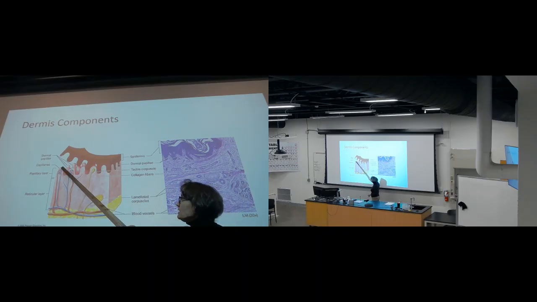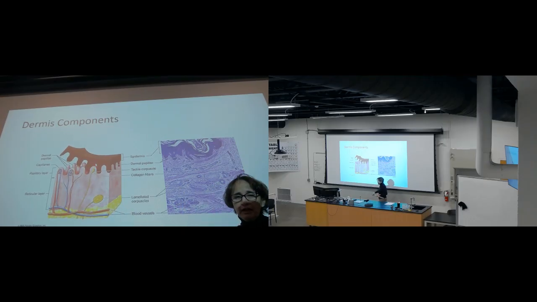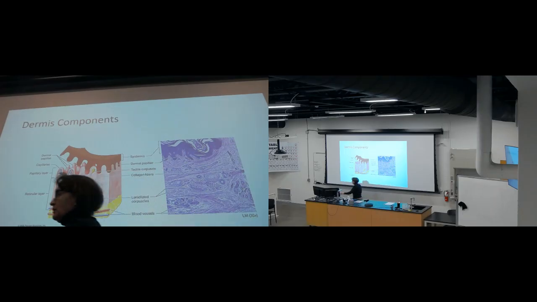So correspondingly to these papillae, we have in the epidermis these extensions that are called rete ridges. They are not labeled in there, and that's not the only structure that we have in the dermal papillae, but that's an example of what you can see. But we will see later on more structures.